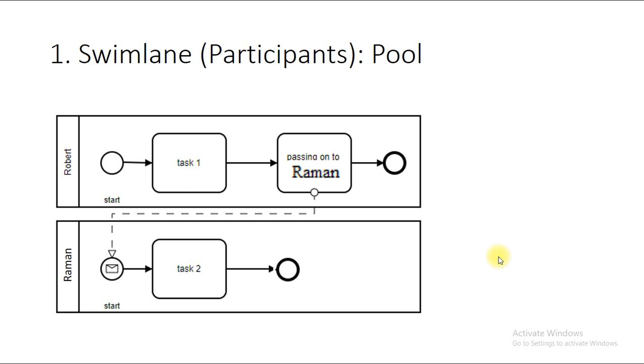So the second person, Raman, gets the control from Robert and does task 2 and then is done with the process. So here each person or conductor is having a participant pool, and the collaborative efforts get them to complete both task 1 and task 2.